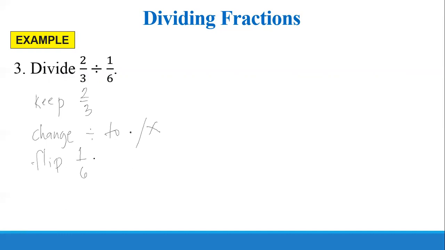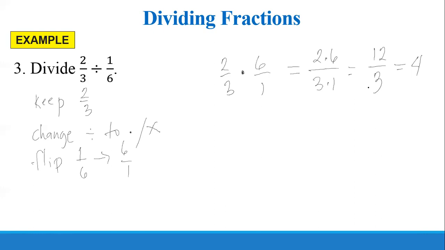Okay? 1/6 to 6/1. So, we keep 2/3 and then we change to multiplication and we flip the second number. So, we use the reciprocal and multiply numerators and multiply denominators together. So, this is now equal to 2 times 6 over 3 times 1. So, this is equal to 12 over 3. So, simplify natin yan. That is equal to 4. So, the answer now is 4.